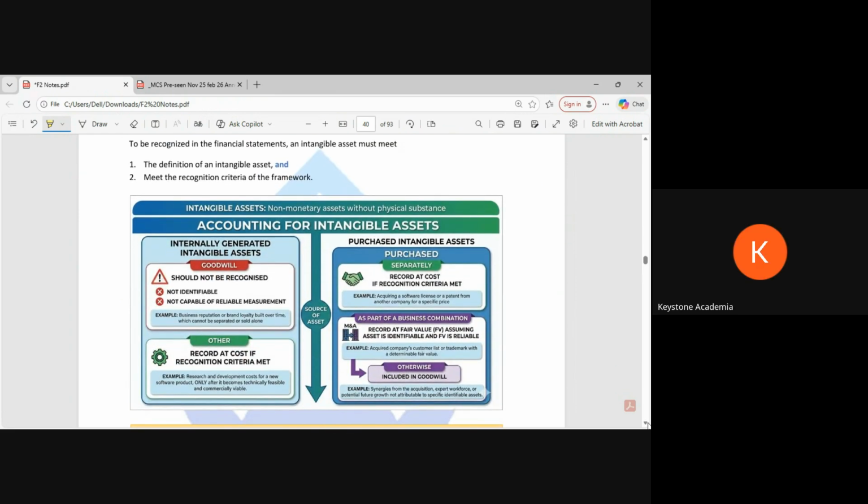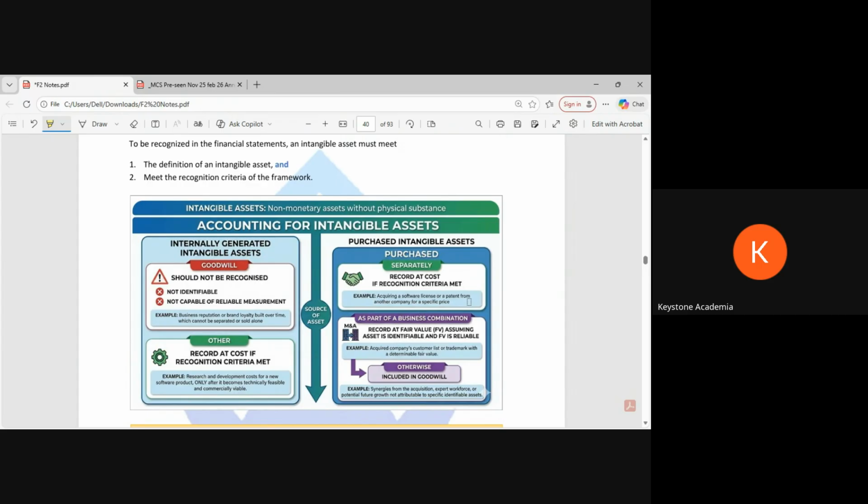Accounting for intangibles: if you see goodwill, internally generated intangible asset should not be recognized. Why? Because it's not identifiable, it's not capable of reliable measurement. If it is a separate intangible asset, it is recognized at cost if recognition criteria are met. So we can also purchase. It's not always that we have built it in-house. Like here they have given an example of a software license, a patent.